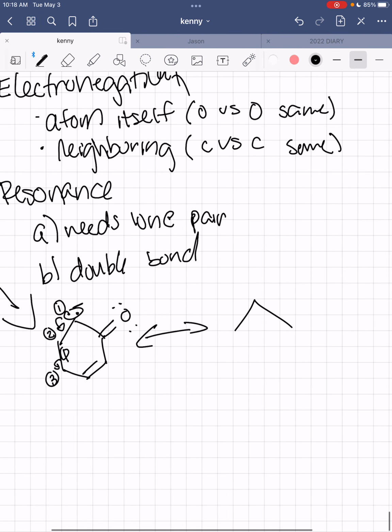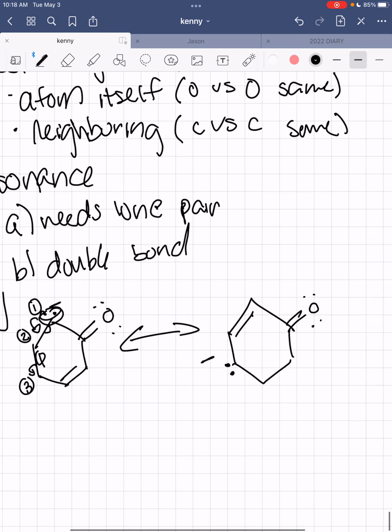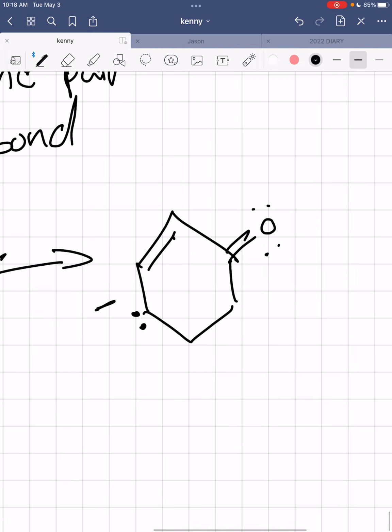When you draw that out, there'll be a double bond here because this lone pair turns into a double bond. Then this double bond turns into a lone pair here, so that would be a negative charge there. And this bond would still be the same. You can go even further: 1, 2, 3.